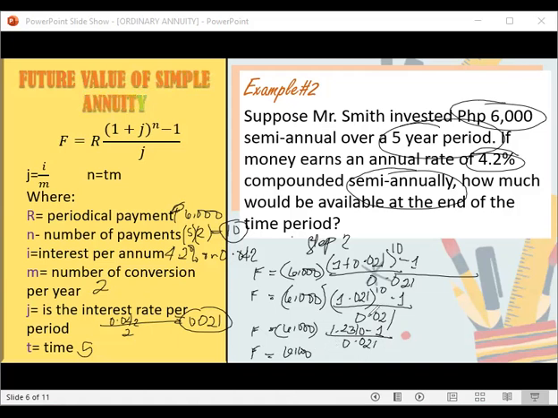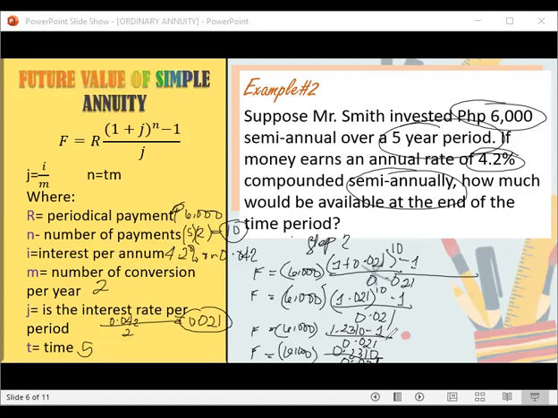So, of course, in order to divide these two, we need to subtract 1. So, 1.2310 minus 1 is 0.2310 all over 0.021.